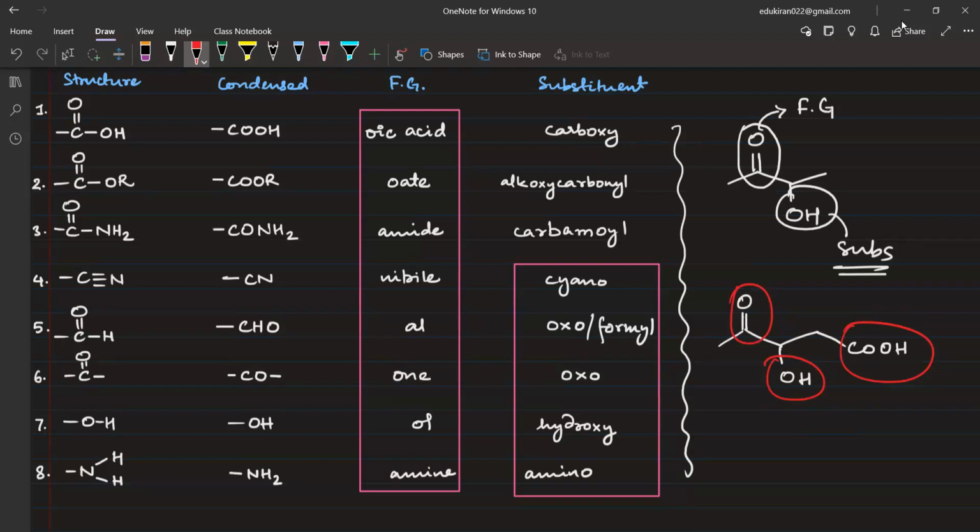Now, which is having the first priority, the topmost priority amongst these? Not carboxy, that will be the functional group. So which is having the top priority? It is going to be the functional group. That is why it will be oic acid.